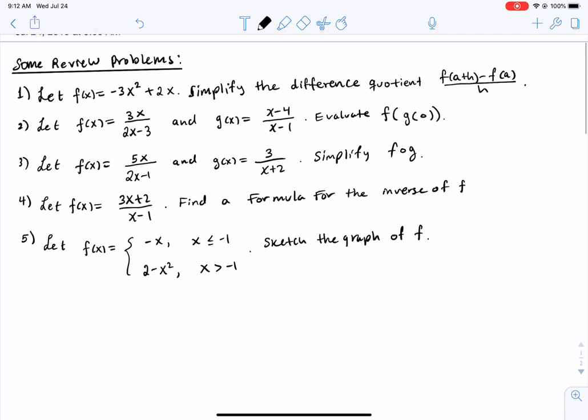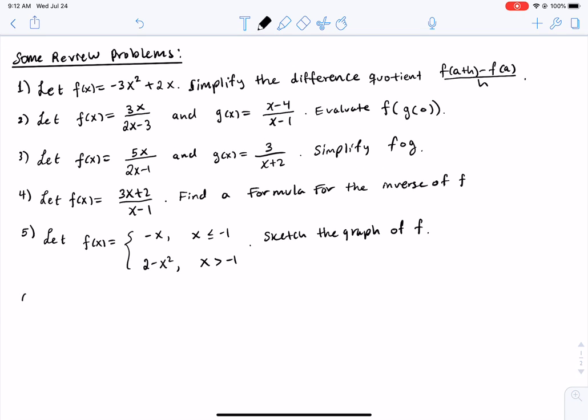Number 6, let f of t be equal to 3t minus 4 over t.